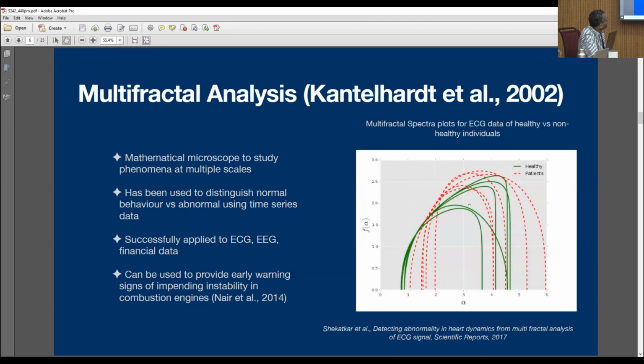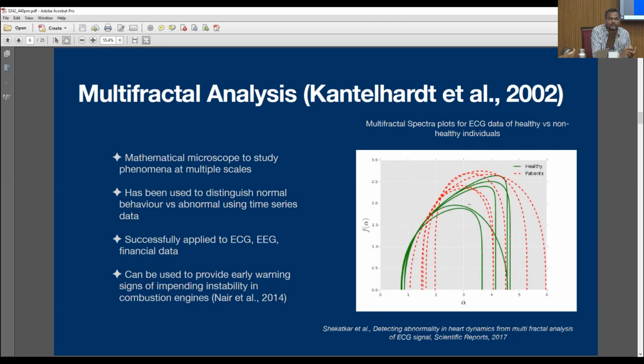What we try to do is use multifractal analysis, which is more like a mathematical microscope to look at multiple scales. I will go into details a bit later, but what I wanted to show is it's being used extensively in ECG data. You say healthy heart versus patients, as you can see in the plot here.